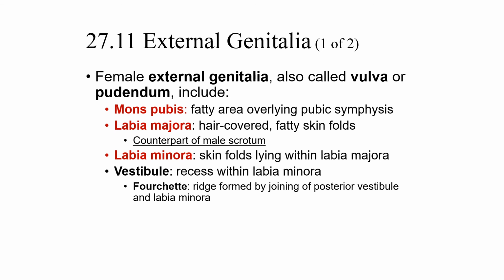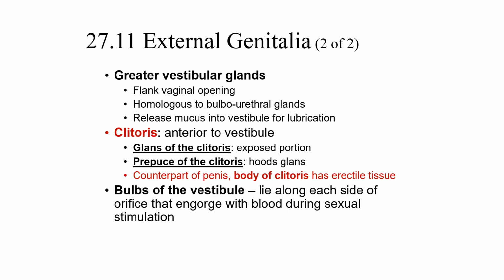We've talked about the mons pubis. We've talked about the labia majora. We've talked about the labia minora, the vestibule, and so the greater vestibular glands. They're homologous to the bulbourethral glands in the male, and they release mucus for lubrication during copulation.